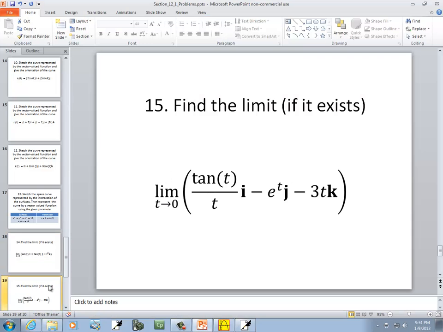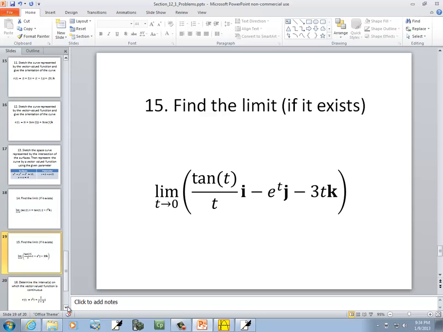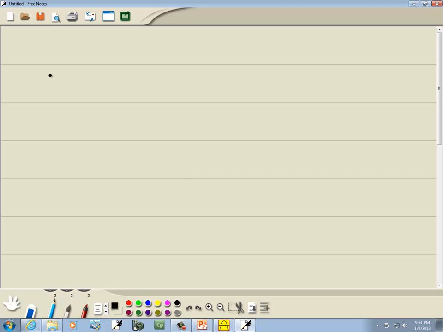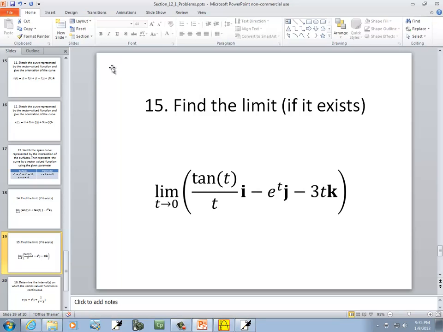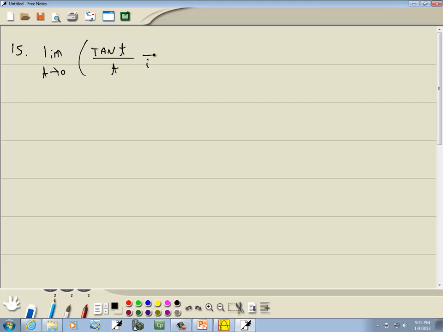And let's look at the next one. Good thing we're about done dying of thirst here. Okay, so 15. Limit as t goes to 0 of tangent t over t minus e to the t j minus 3t k.